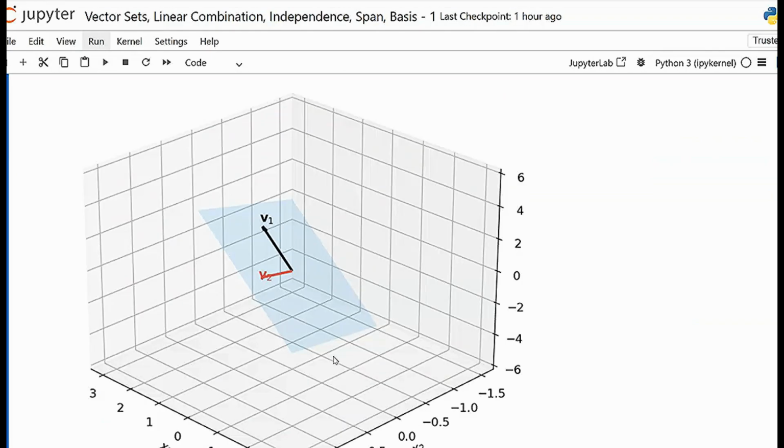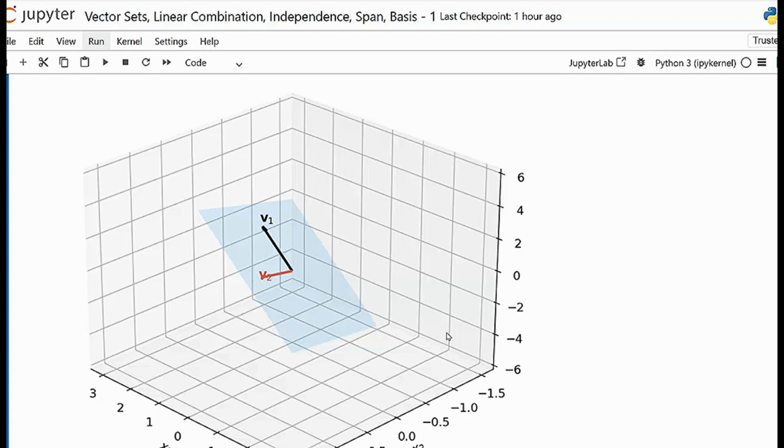This is the exact plane. This plane passes through the origin and contains every vector of the form lambda 1 v1 plus lambda 2 v2. The plane is a proper subset of R3, the three-dimensional space, so points not on the plane, directly along the x2 axis, are unreachable.